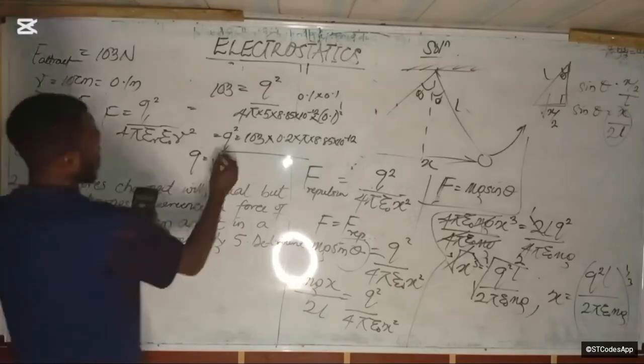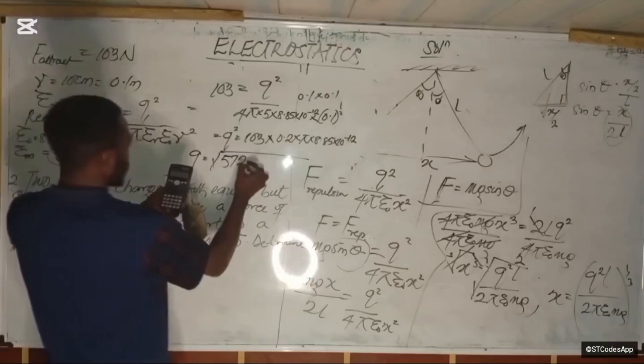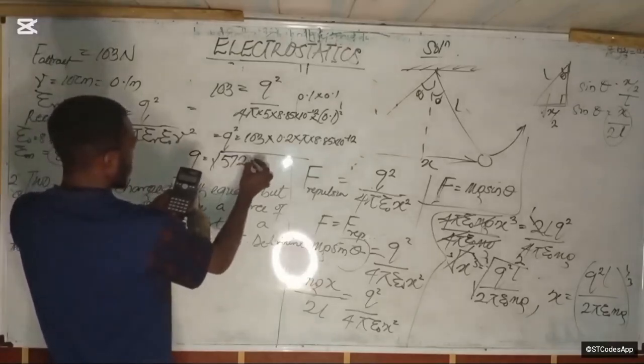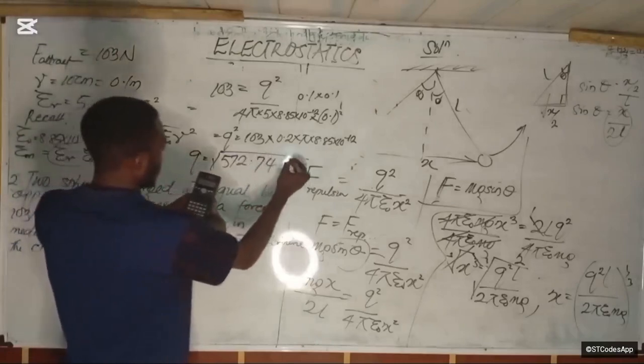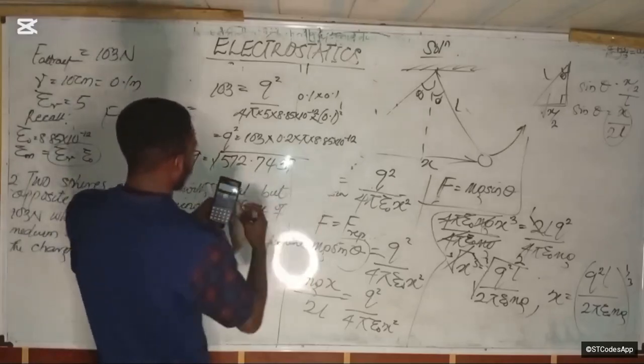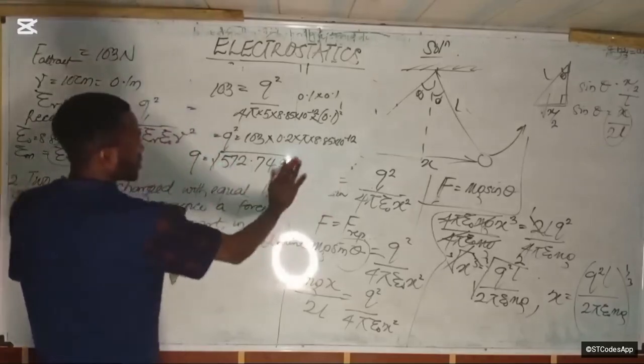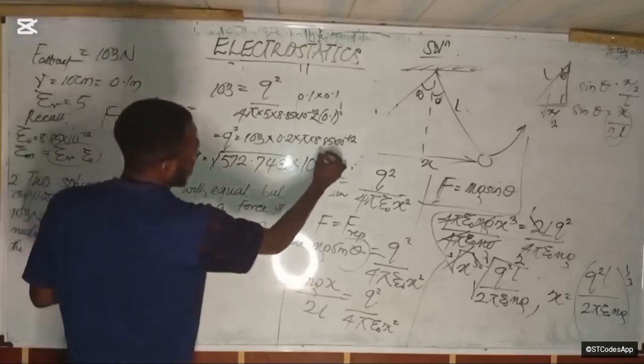This gives us the square root of 572.7437, let's just stop here at 43, then times 10 to the power minus 12.